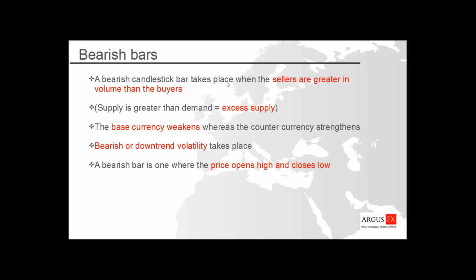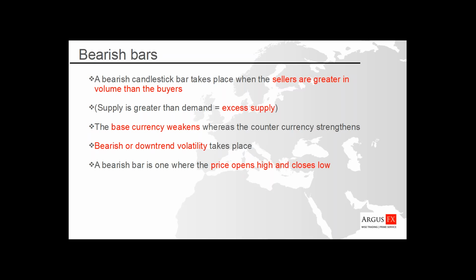Let's see the other side, a bearish bar. The situation of a bearish bar is one where the sellers are greater in volume than the buyers. It means that the sellers are by far more than the buyers, therefore exerting a bearish momentum, a momentum to the downside.